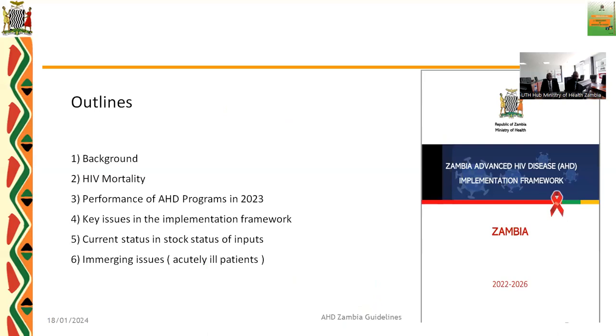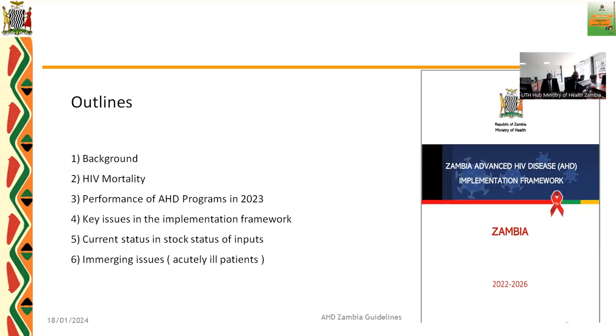Next slide. So this is an outline. We'll look at the background, specifically on mortality, how we've performed, and key issues on the implementation framework. This is a document that we released last year. We hope that it is in circulation and you have had a look at it.